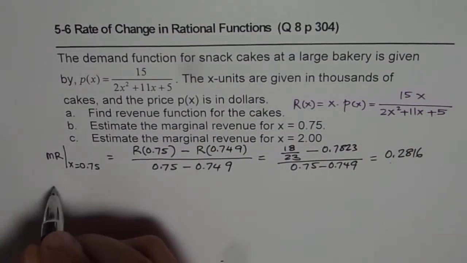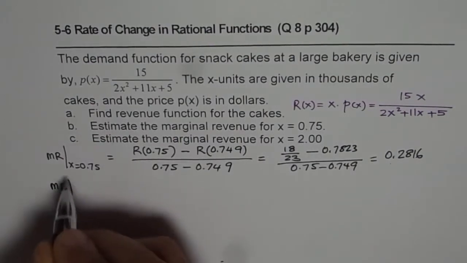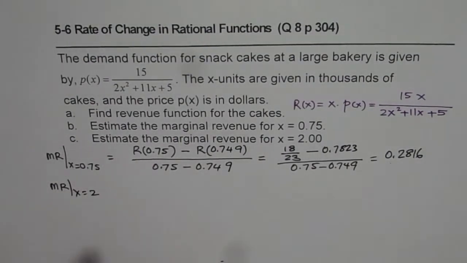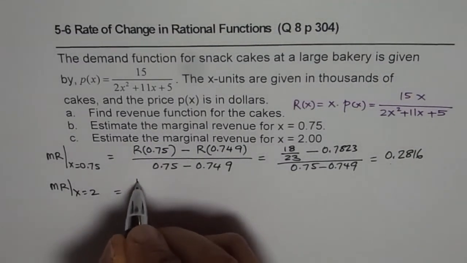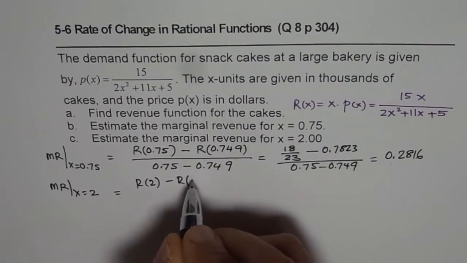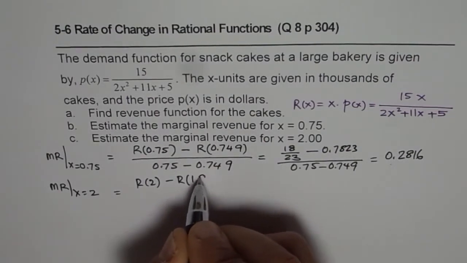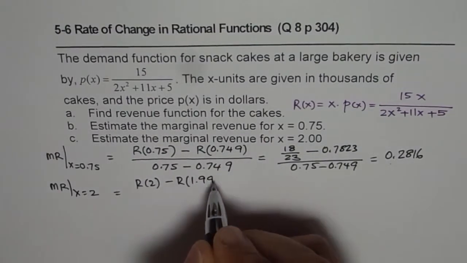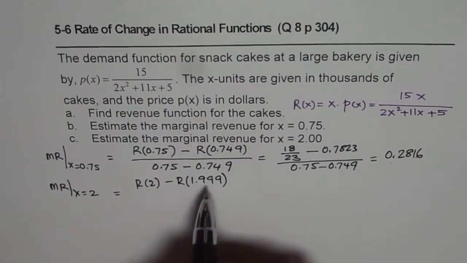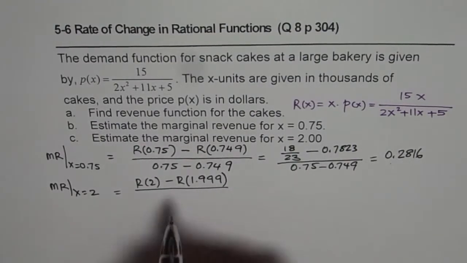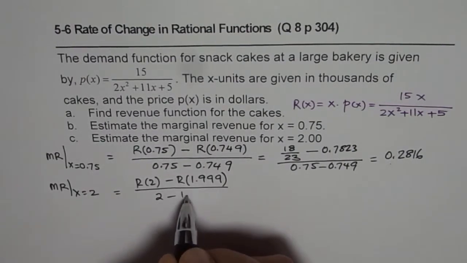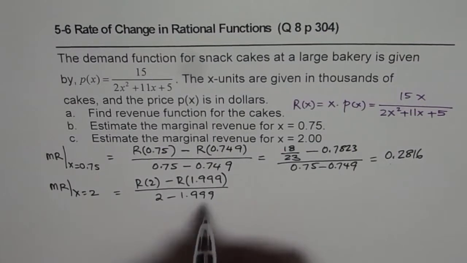So let's again find the marginal revenue, and this time we'll do it for x equals 2, that is part C, okay? So we are trying to find R of 2 minus R of 1.999, right? So 1 less than 2000, that is what we're trying to say, and this will be 2 minus 1.999, so 1000th, right?